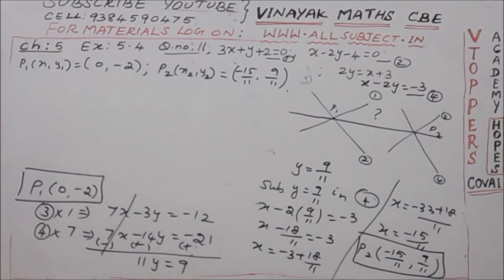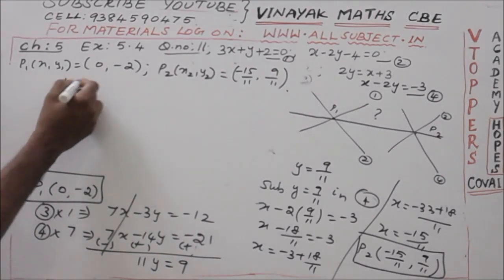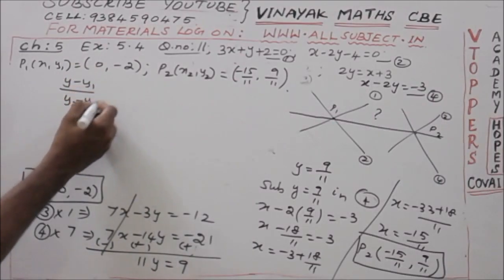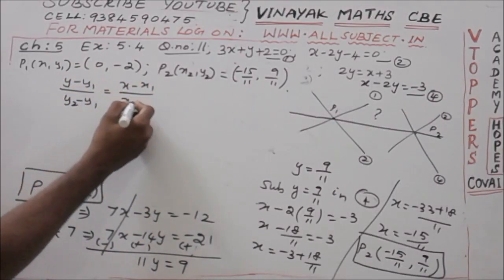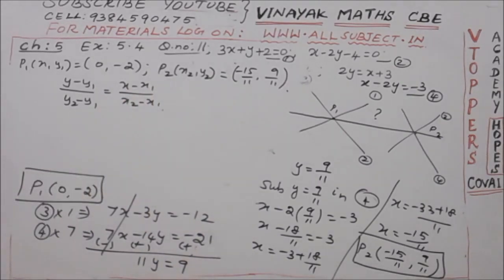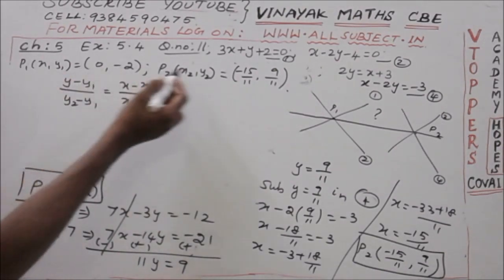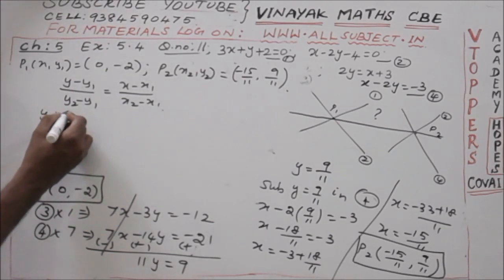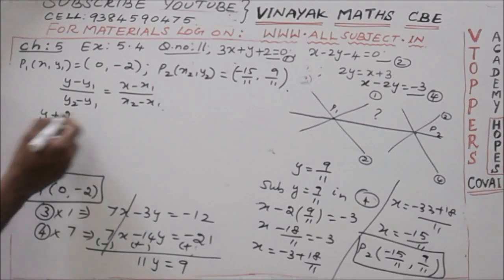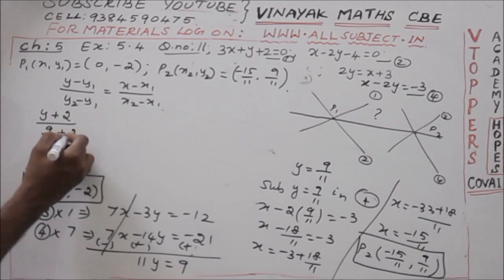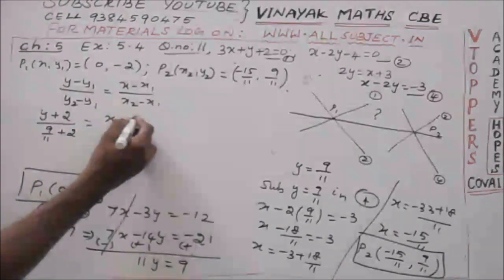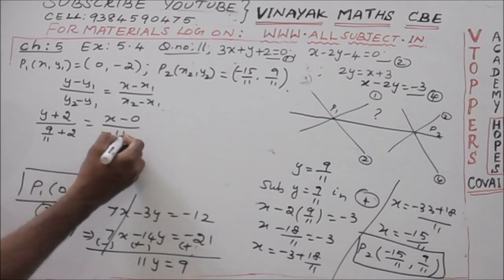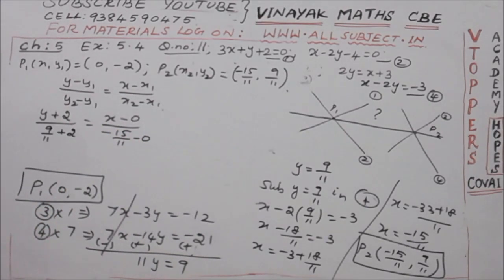Substituting in the formula: y1 is minus 2, so y minus of minus 2 is y plus 2, by y2 minus y1, that is 9 by 11 plus 2, equal to x minus x1, which is 0, by x2 minus x1, that is minus 15 by 11 minus 0. Now simplify this.